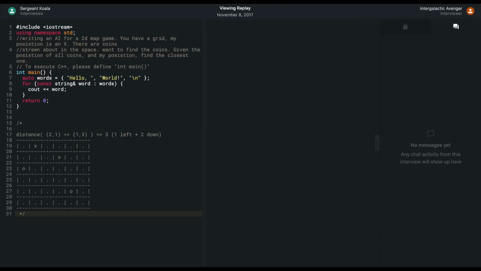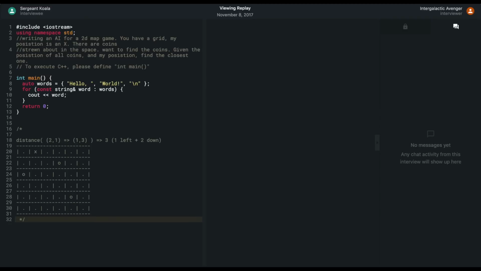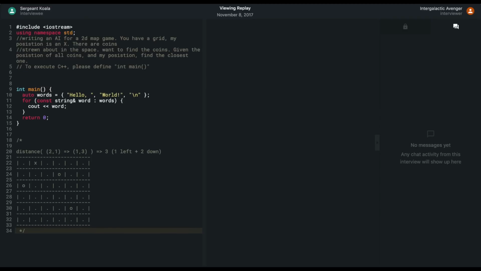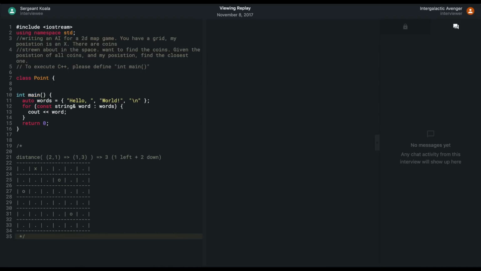Yep, exactly. And so you're telling me that I know the location of all of the coins. I have an array of their locations, something like that. Yeah, let's define a couple classes here to help this along. We'll call a class Point, which will have int x and y.